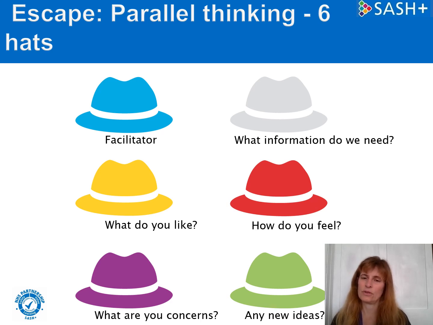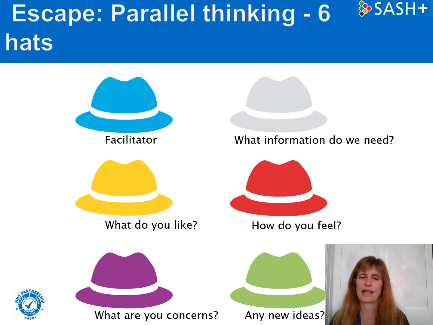And then you go into how you feel about it, because quite often some of our concerns might actually come from how we're feeling about it, and often we don't explore how we feel about things. Then that discussion leads on to any new ideas, any development of the idea from that perspective.